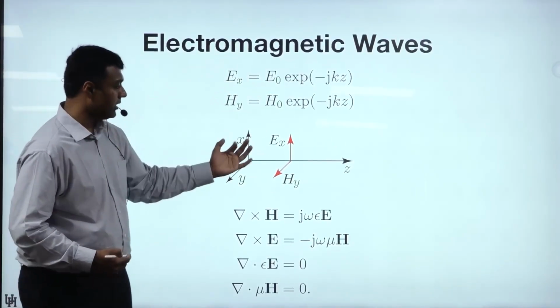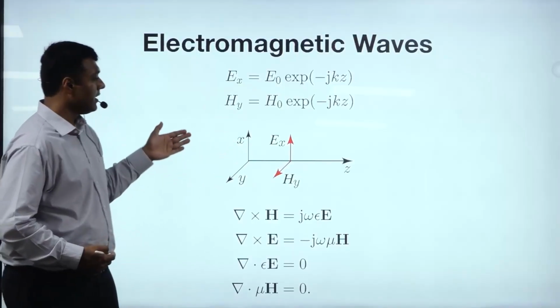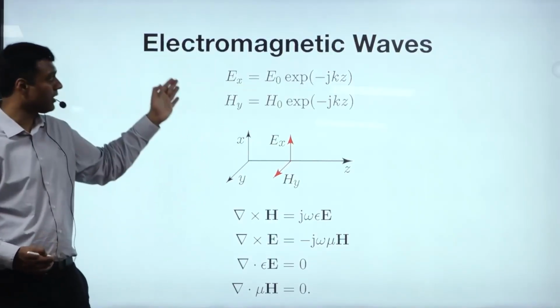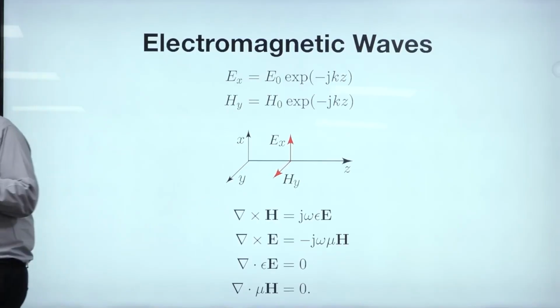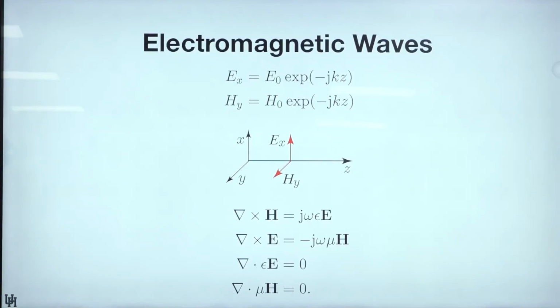You could have all three components, Ex, Ey, Ez, and each of them could be traveling. You can write these kinds of equations, and sometimes they're coupled, sometimes they're independent. So just keep in mind that we are dealing with vectors, although we are developing a theory for scalars.